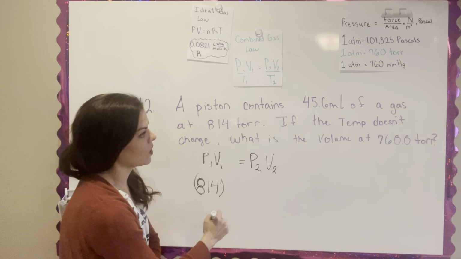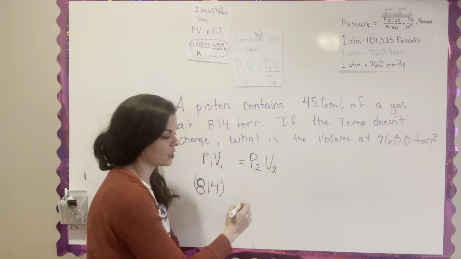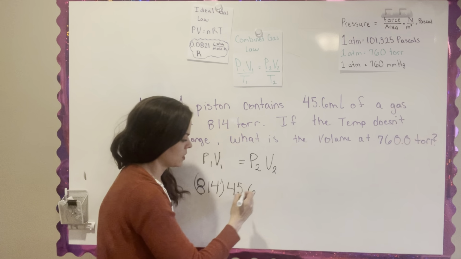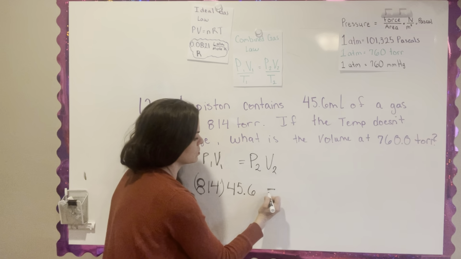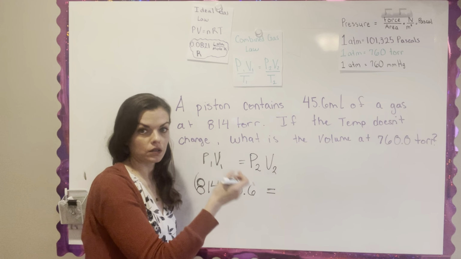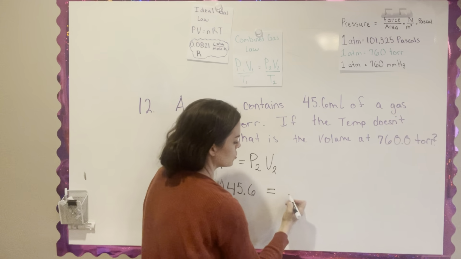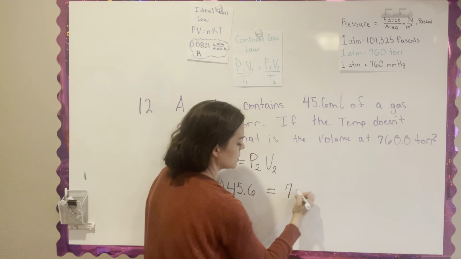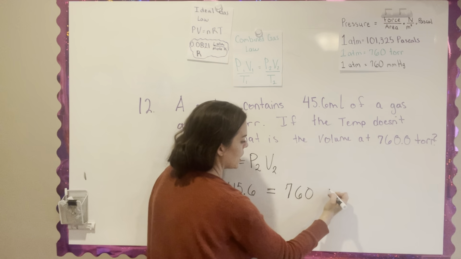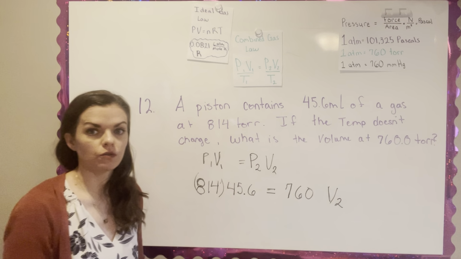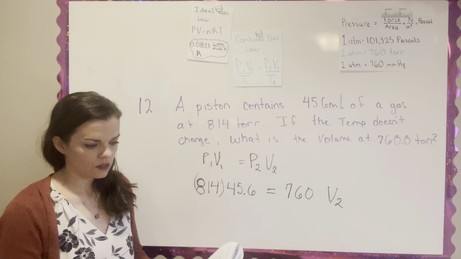And I know that the volume is 45.6 milliliters. And so I'm just going to set that equal to the second part, the second scenario of the piston. And this is where the pressure changes to 760. And then volume, or V2, is what I'm looking for. I don't know what that is.